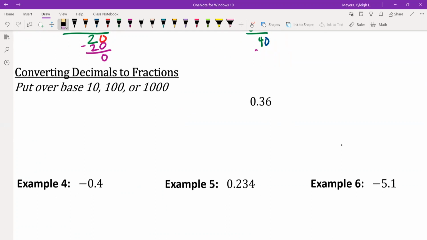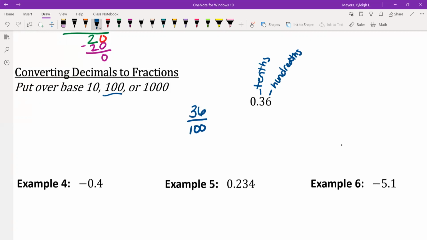So like this 36, this 3 is in the tenths place. This 6 is in the hundredths place. So since it's in the hundredths place, it's going to be over 100. So it's going to be 36 over 100.